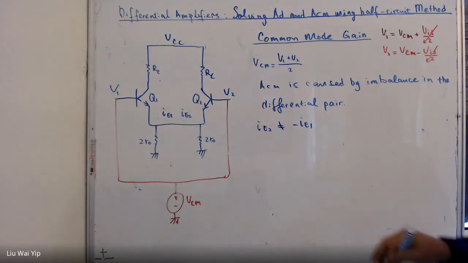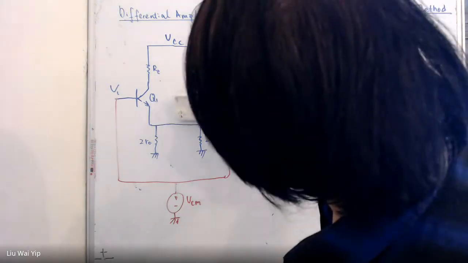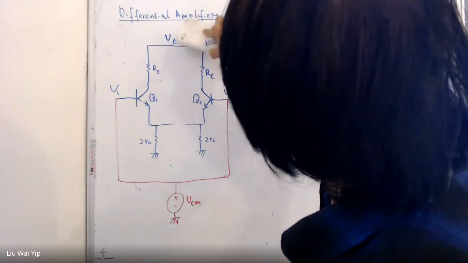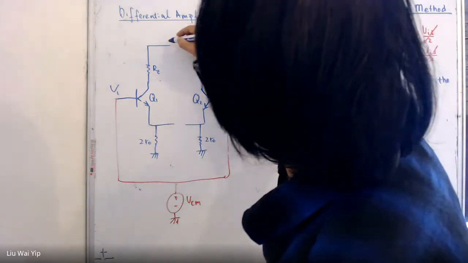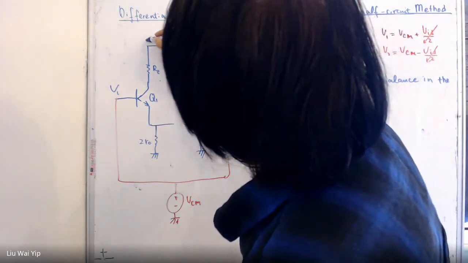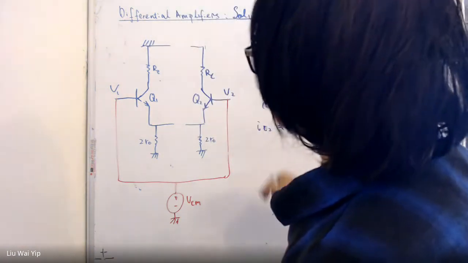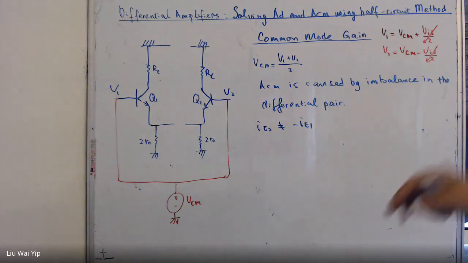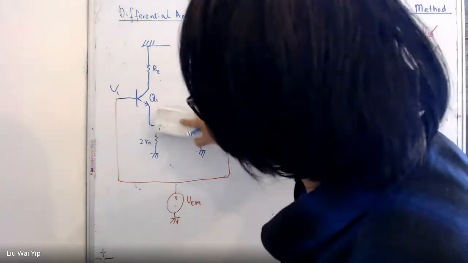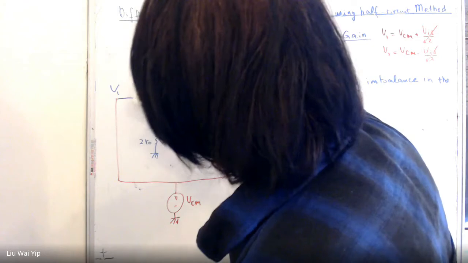Eventually, we can just simply break this down, and this one will become an AC ground. And we can use the T model to resolve it.